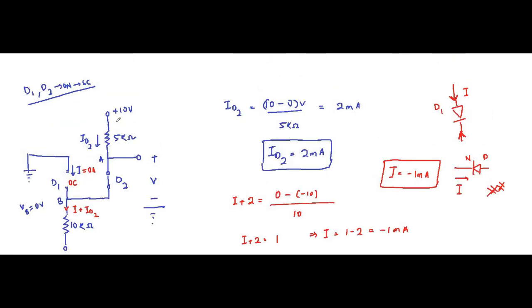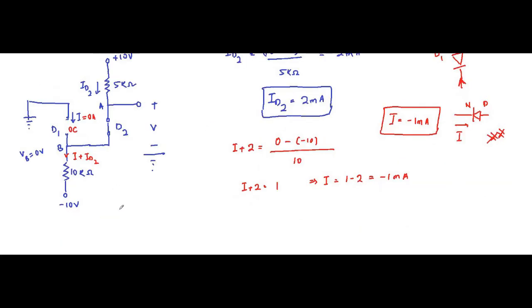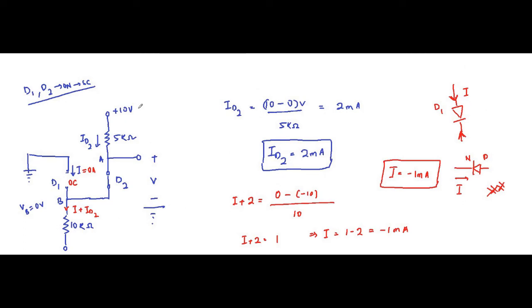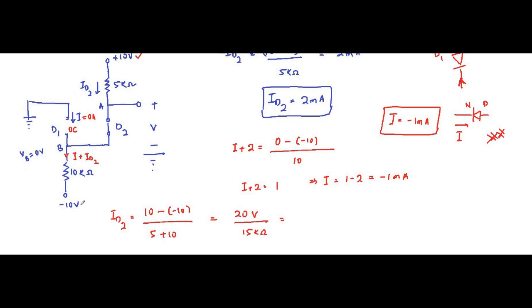Now here ID2 will be 10 minus (minus 10) divided by 5 kilo ohm plus 10 kilo ohm, that is 20 volt by 15 kilo ohm. We simply applied KVL from this point to this point, because this is the only closed path available here.